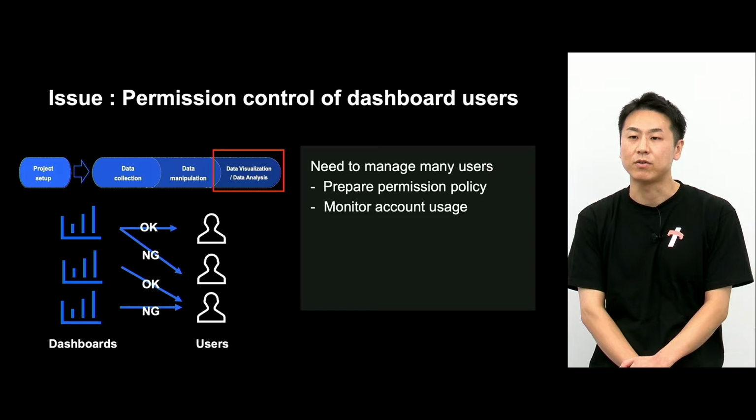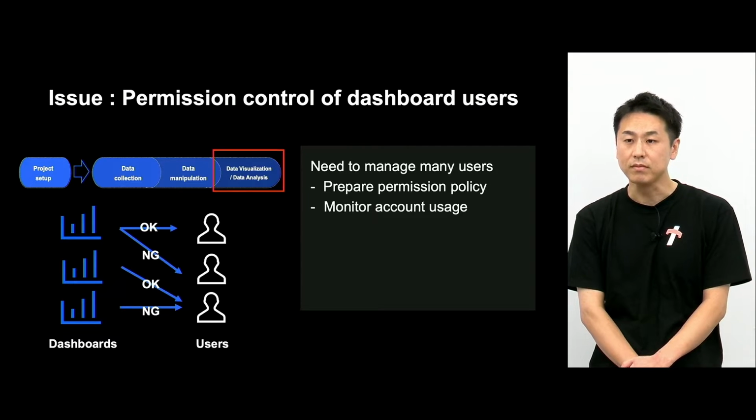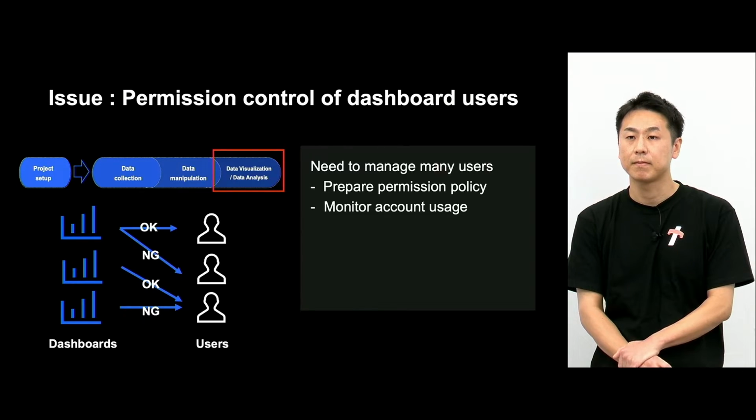But as the number of departments served increases, there is a limit to how finely tuned the permissions can be on the development side. In fact, since Fukuoka now frequently undergoes organizational changes and personnel transfers, it became impractical as the number of dashboards and users to be managed increased for the BEAM project.